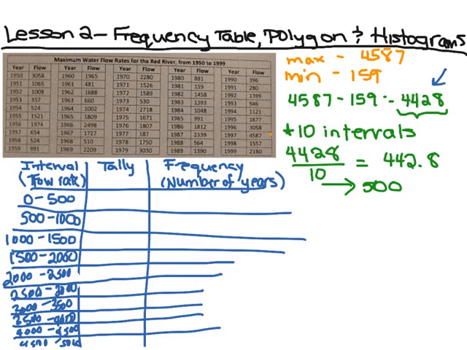Okay, so tally. So we have one that's 3,058, so we're going to put that in this category, between 3,000 and 3,500. 1,065 is in this category. 1,008 is also in this category. 357 is less than 500. 524 is greater than 500. 1,521 is in this interval.